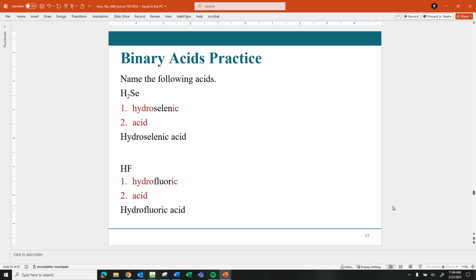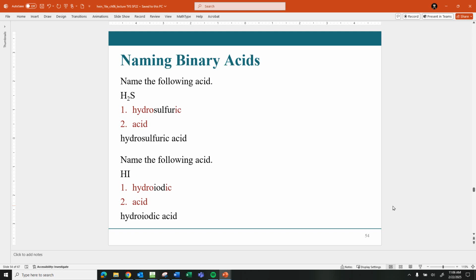H2Se, hydroselenic acid. HF, hydrofluoric acid. Now you might be wondering, wait a minute, why is it sulfuric? Because that's a typo. Again, I don't modify these. It's hydrosulfuric, that U and R should not be there. Okay? So, yeah.